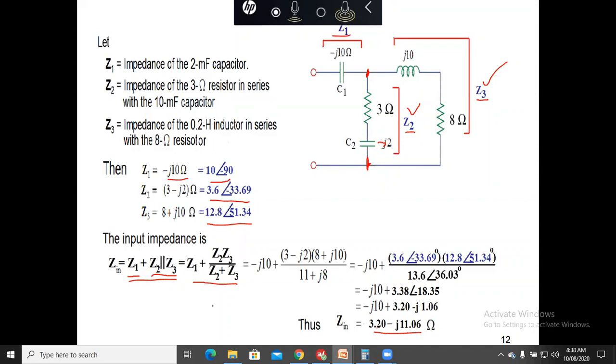It is called the input impedance because we are looking from the input side. So everything is clear up till this point.